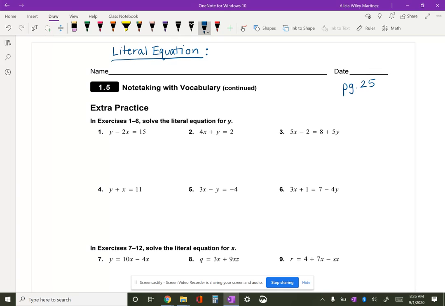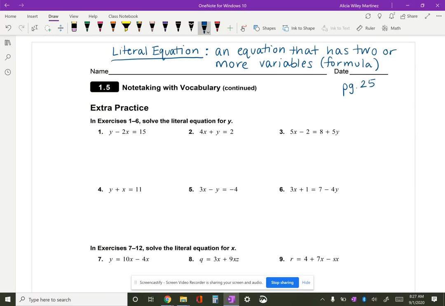So I want you to be able to recognize that it is simply put as an equation that has two or more variables.